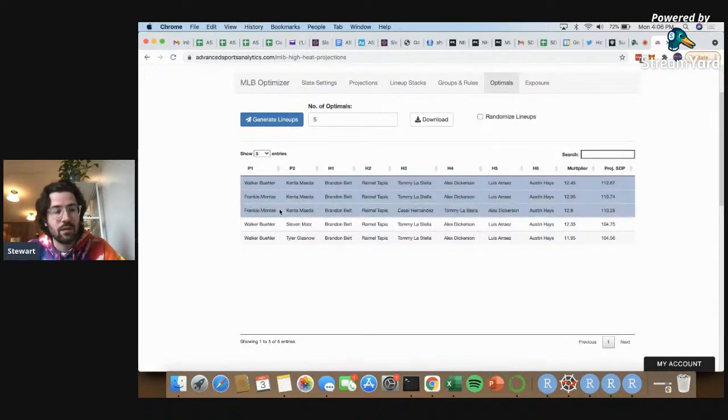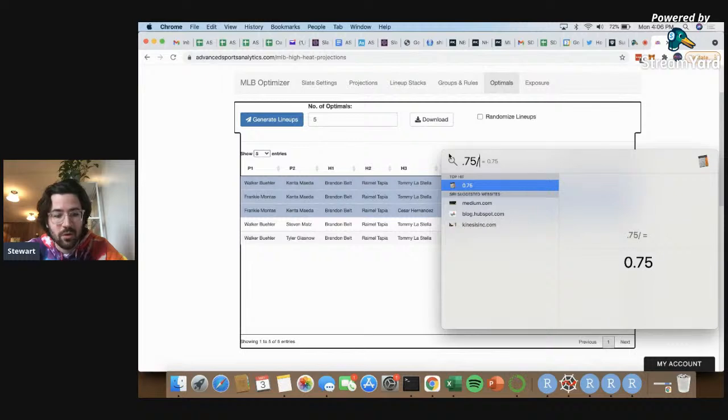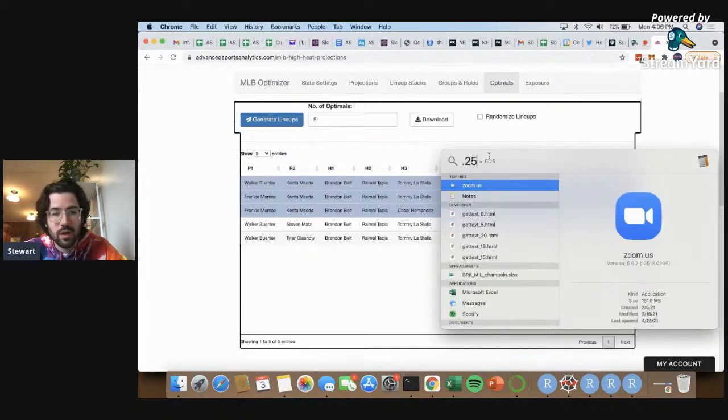Maeda was featured in the third lineup, so 75% Maeda. Or I'm sorry, 75% Maeda was featured in the second lineup. So then minus 25% of 75% Maeda, that would be, I don't know, that's hard math. Let's see, 0.75 divided by 4 would be, I'm sorry, 0.25.